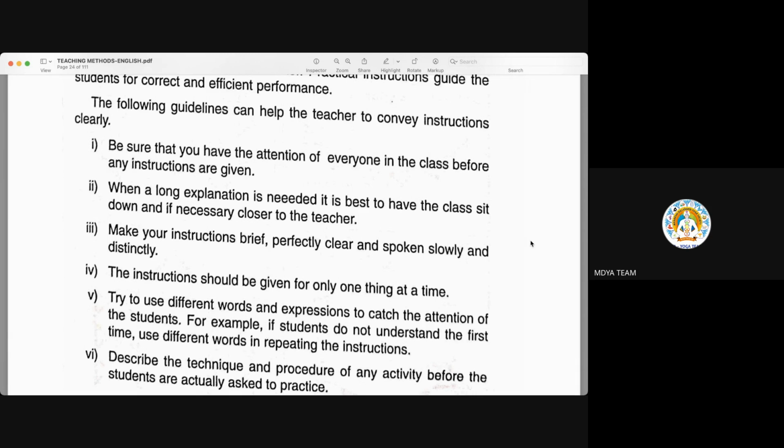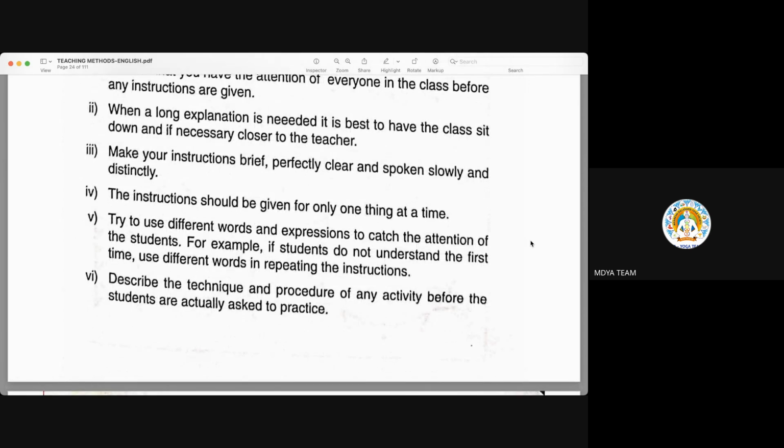Now make your instructions brief, perfectly clear, and spoken slowly and distinctly. This is also important, how the teacher is delivering those instructions. It should be brief, not very descriptive, and it should be clear, easily understood, so the students can understand it properly. Spoken slowly, not very fast, not very slow, but with a flow such that they can get what you are saying word by word, sentence by sentence. Then the instruction should be given for only one thing at a time.